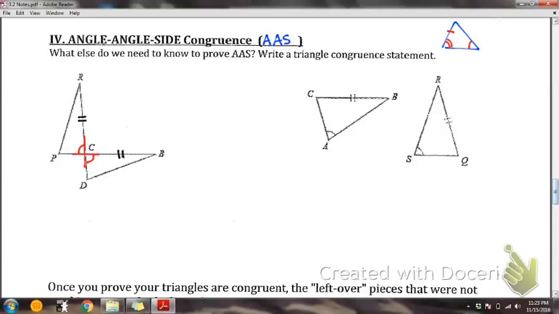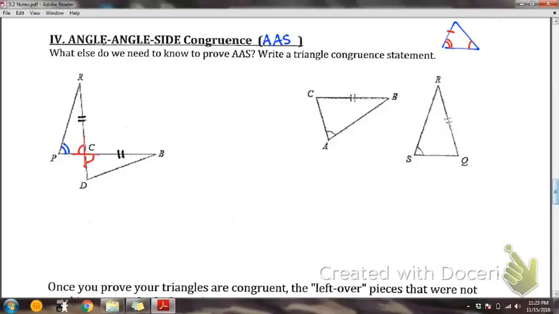If I mark this angle R, would you agree that the side is now between the angles? And I don't want the side between the two angles. I want the other angle. So really, the angle that I need to mark has to be angle P, because then that means that the side is not in between them.